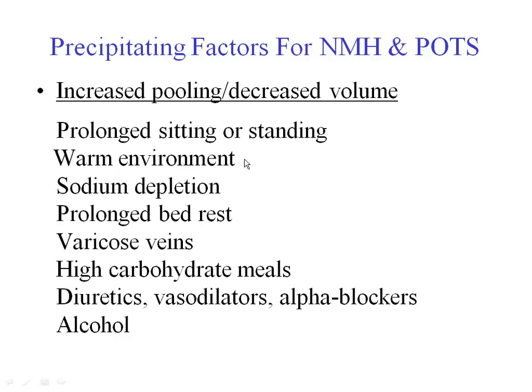This is partly why people with NMH and POTS can swim in the ocean temperatures, but they are really in trouble when they're walking on the beach. The ocean temperature acts as a vasoconstrictor. For those in really hot climates, some patients have found that cool vests, these vests that have packs of cooling material in them, used by firefighters and other people who work in hot environments, can sometimes be quite helpful.